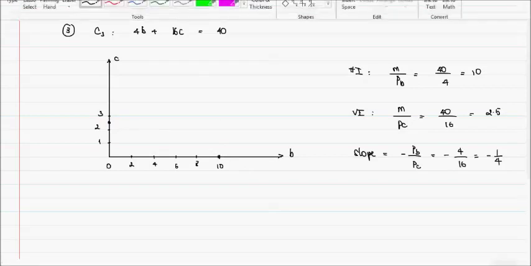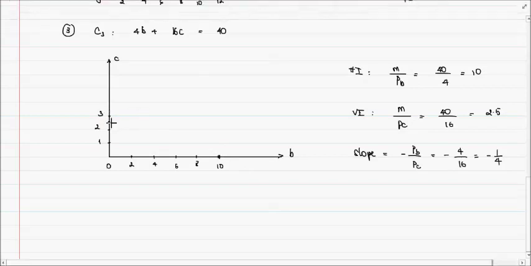Now if I connect these 2 points together by a straight line, I'll get my budget constraint line. So this is my budget constraint 3, and everything inside or below the budget constraint, including the budget constraint, is the budget set.